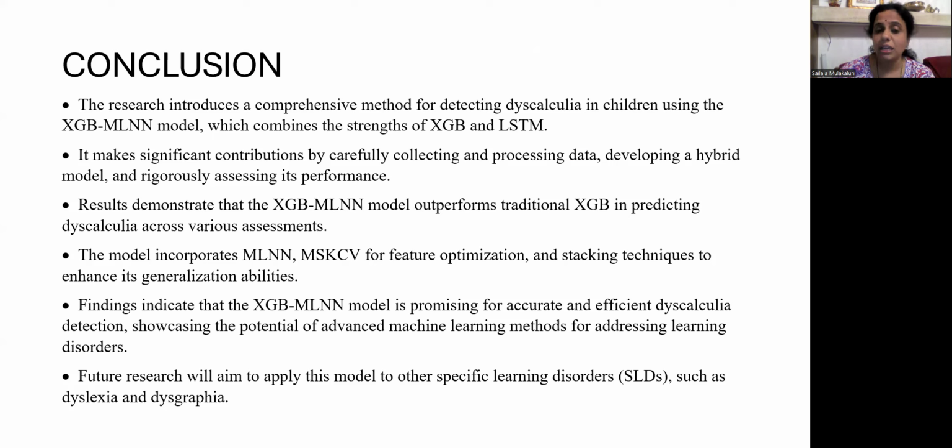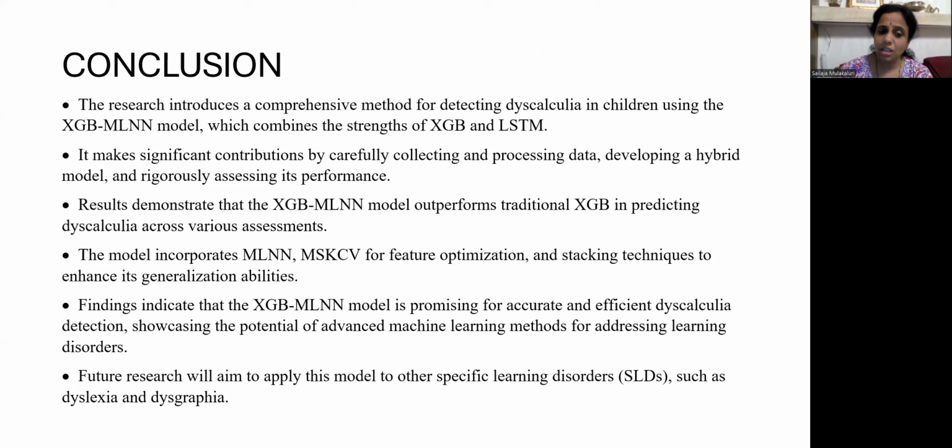Results demonstrate that the XGBoost and LSTM model outperforms traditional models, and that it has increased the accuracy of XGBoost in predicting dyscalculia across various assessment tools. So we have multi-scale fold, multi-stacking K-fold cross-validation for feature optimization and stacking techniques to enhance its generalization abilities.